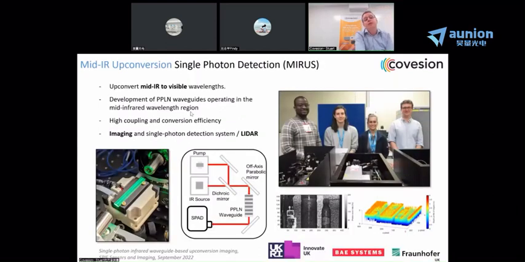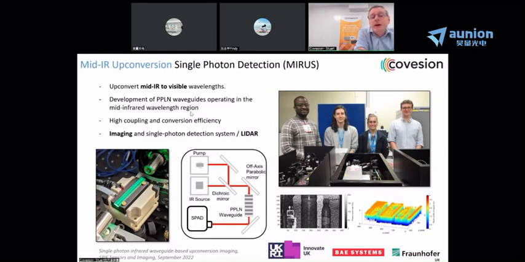So in this project, which was called Mid-IR Upconversion Single Photon Detection, or MIRAS, what we were doing here was using a PPLN waveguide to upconvert mid-infrared light to the visible region. The application here was to perform mid-IR sensing, but to use a silicon single photon avalanche diode to do the detection.